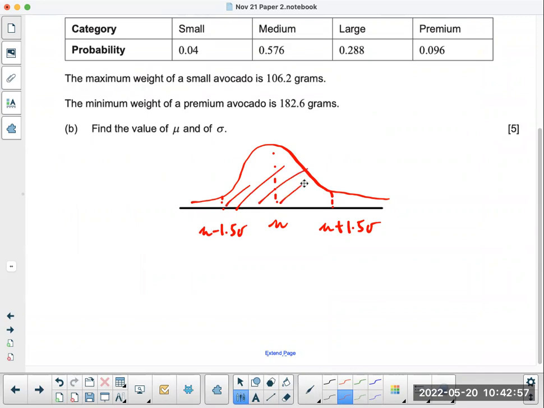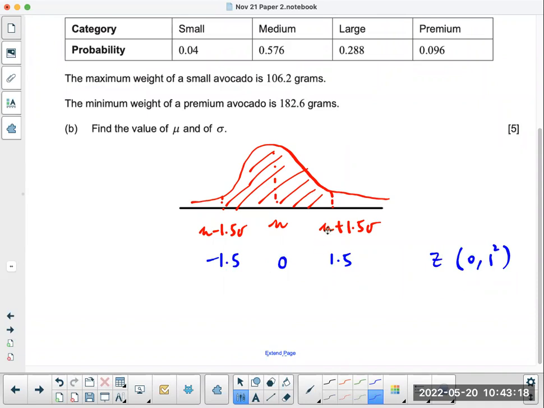They want to know what's happening between. Well, this is going to be the same thing if you turn it into your Z distribution and make this 0. That's going to be 1.5 and that's going to be negative 1.5. Right? So your Z distribution is going to be a mean of 0 and a standard deviation of 1.